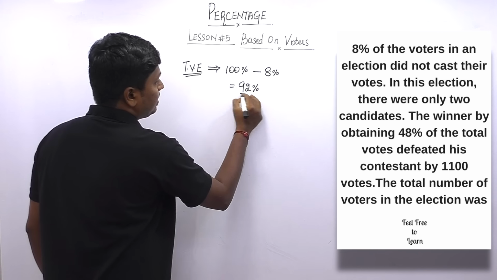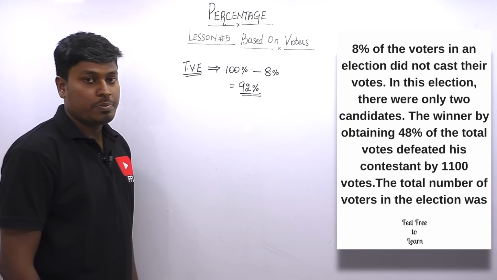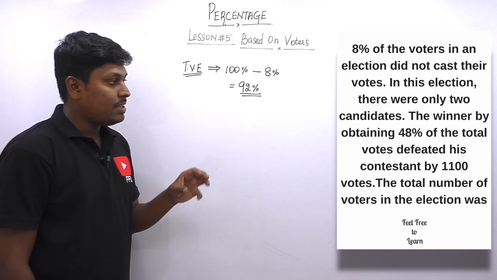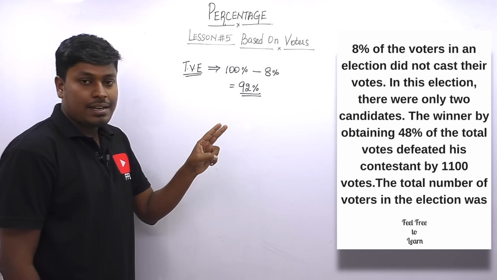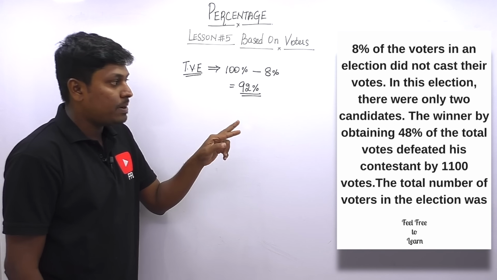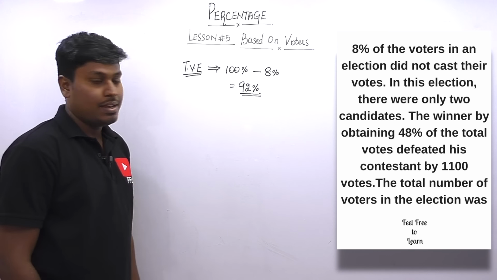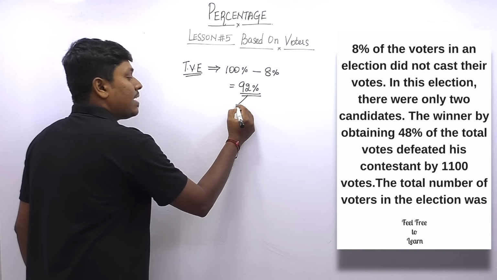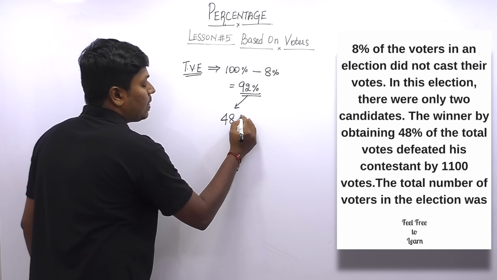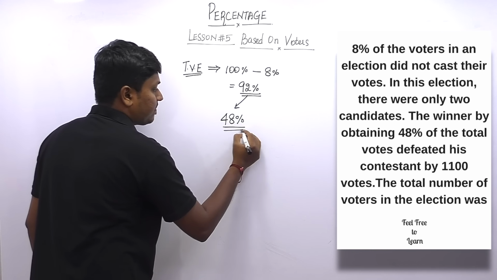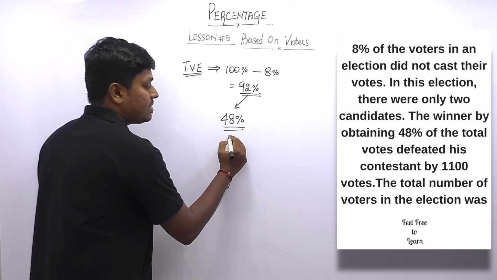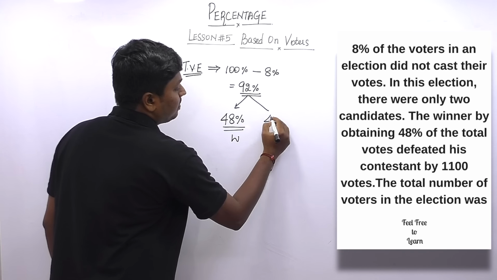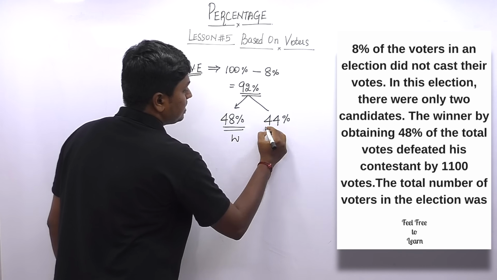Now we can say that the total votes will be 92%. Listen carefully, what they are saying, in this election there were 2 candidates. The winner obtaining 48% of the total votes, which means out of this 92%, winner got 48%. And definitely we can say that if one candidate got 48%, which is winner, then another will be 44%, which is a loser.